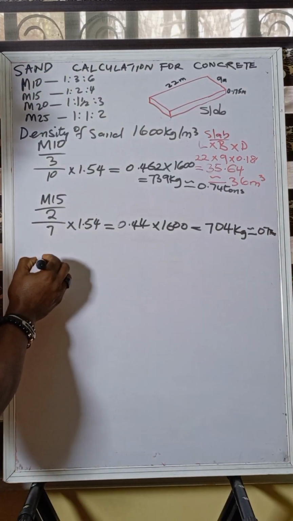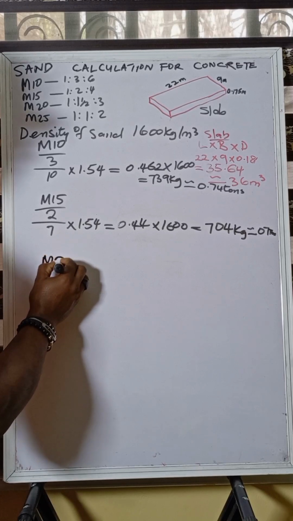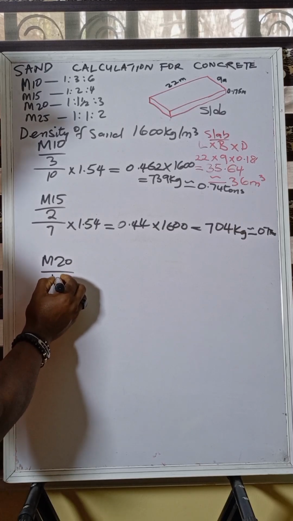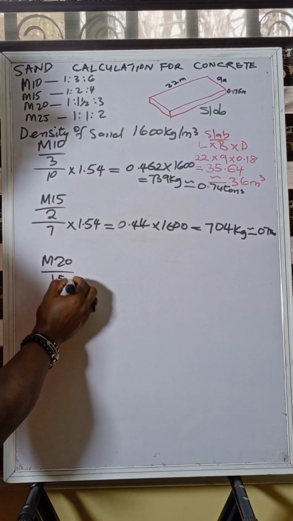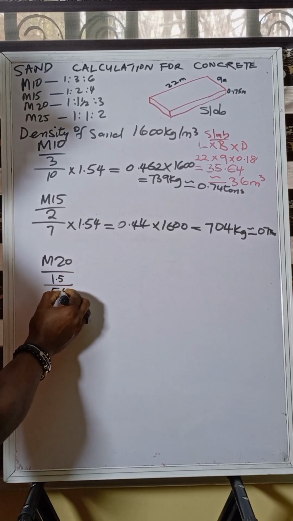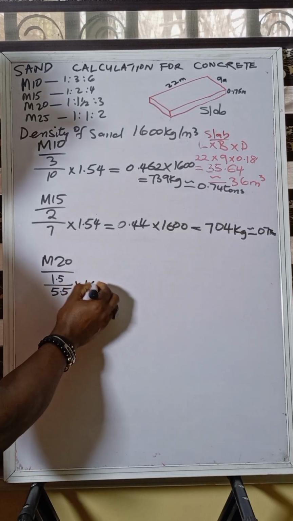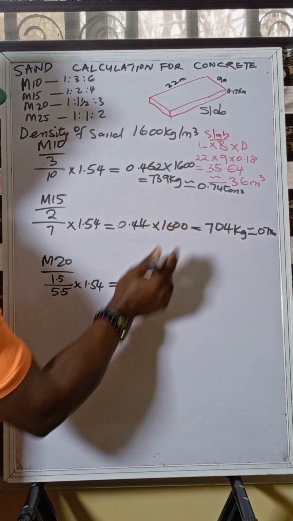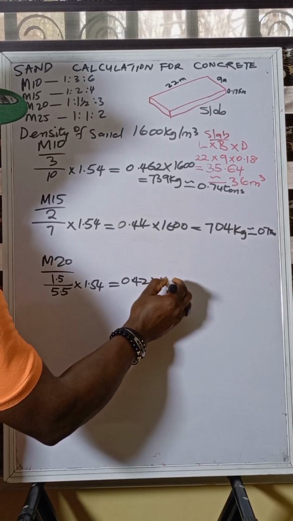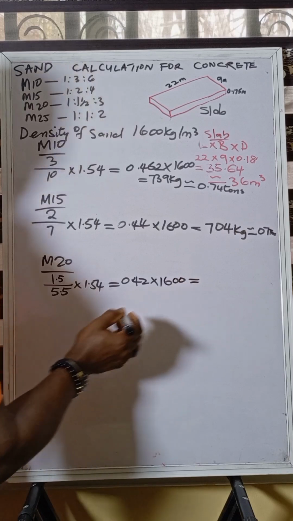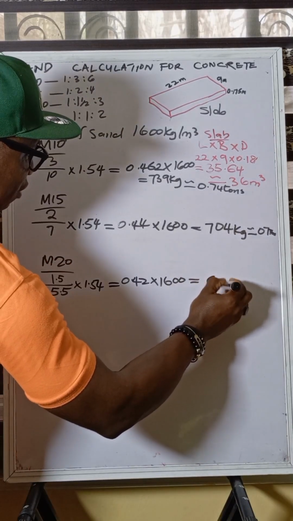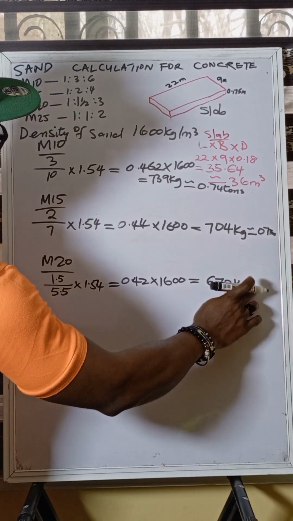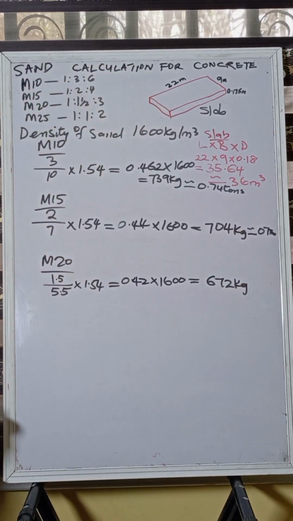While for M20, it is equal to 1.5 over 5.5 multiplied by 1.54. This will give us 0.42. If we multiply it by 1,600, this will give us 672 kg of sand.